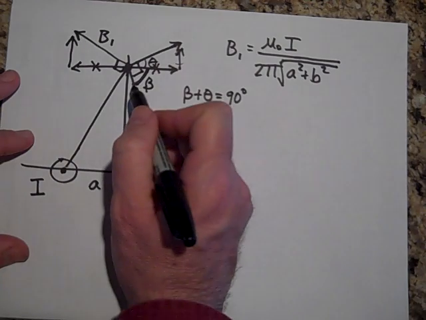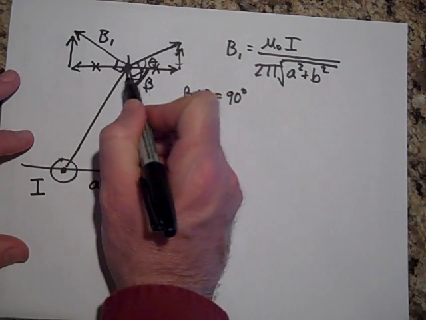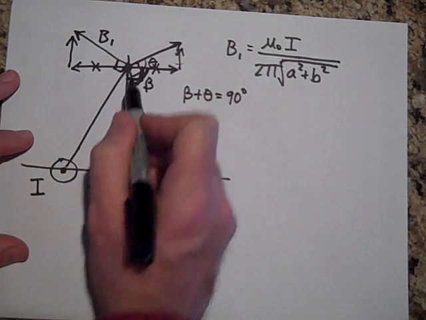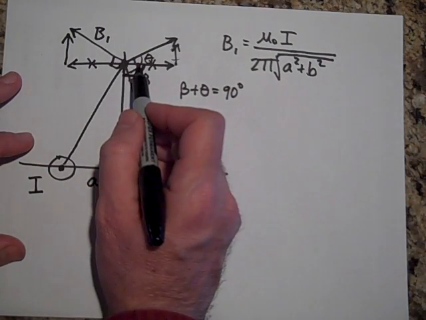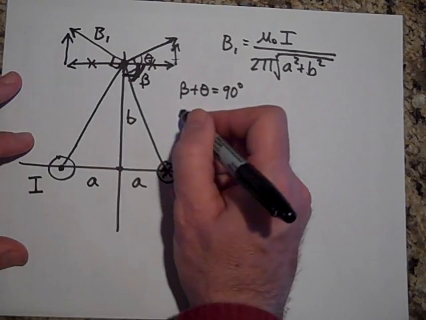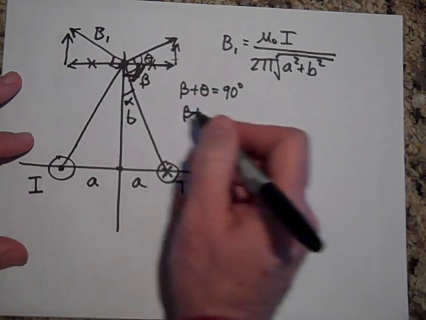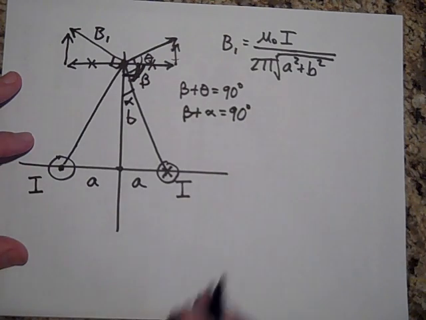But come down here and look at this angle right here. I wish I could zoom in again, but this angle, to this vertical, to the y-axis, that's a right angle too. And so I can say, let's call this alpha, beta plus alpha have to also equal 90 degrees.